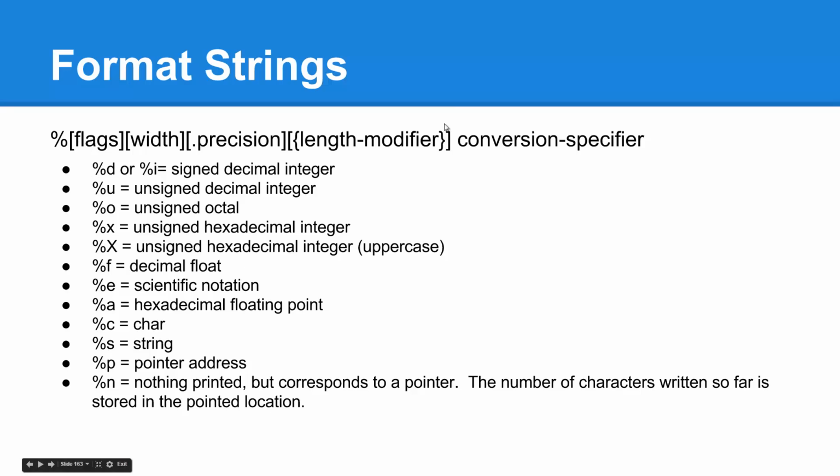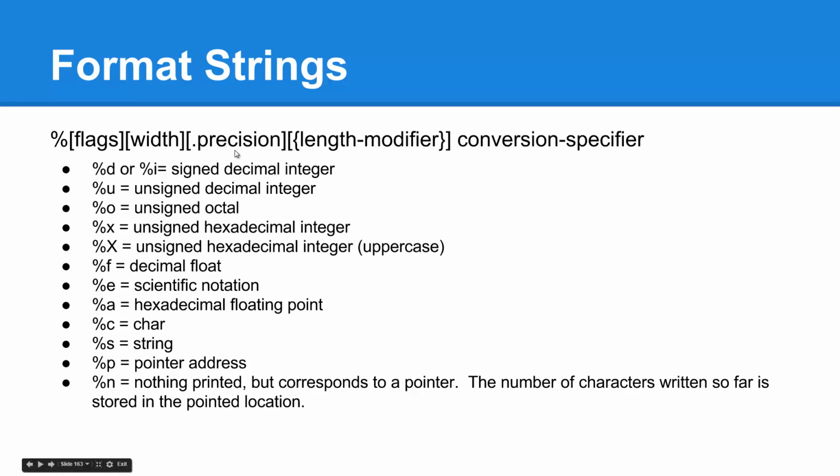But prior to the conversion specifier, between the % and that character, you can have other flags that are specific to that format string function. Flags that denote the width for a numerical output, and we'll cover that in a little bit.